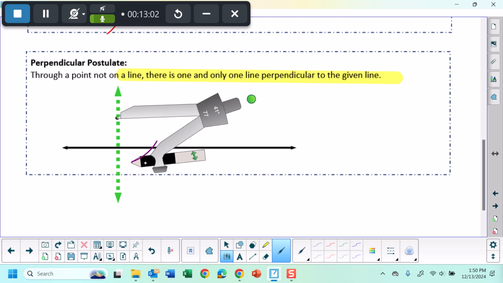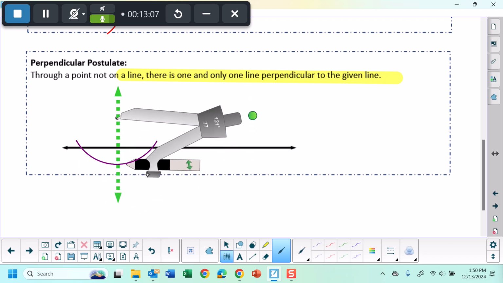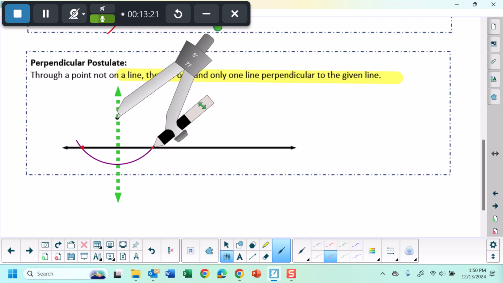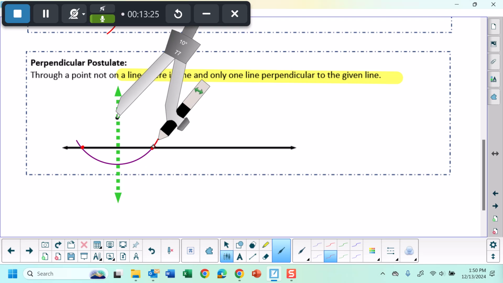So guess what you're going to do? You're going to give yourself a segment that you're going to perpendicularly bisect. See this point here? That's the end of your segment, and that's equidistant to the perpendicular bisector, as is this point here.